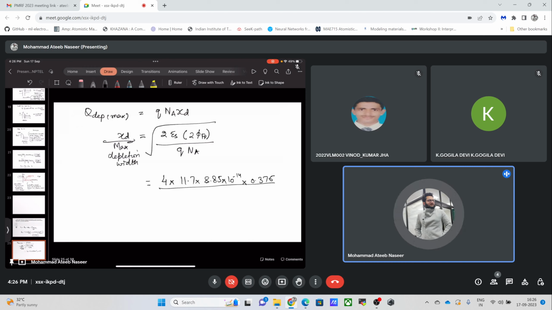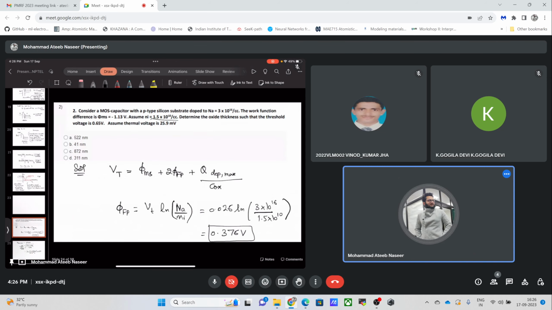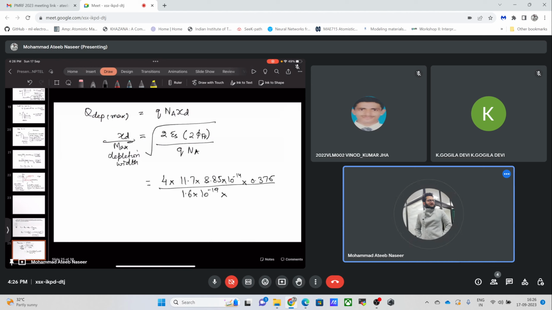by q Na, which is 1.6 into 10 raised to the power minus 19 into Na. Na is 3 into 10 to the power of 16. All this under the square root.